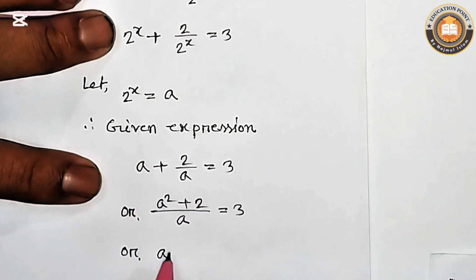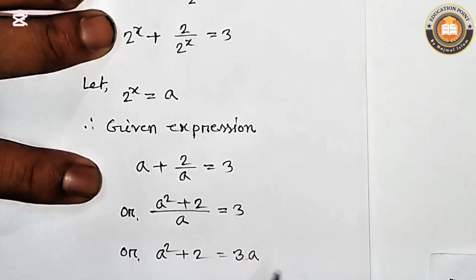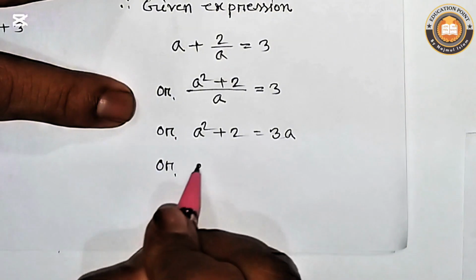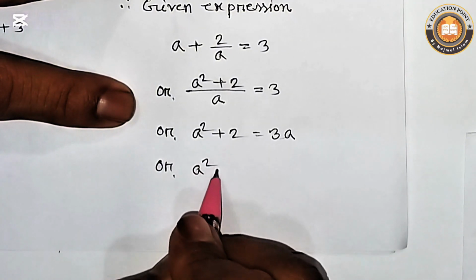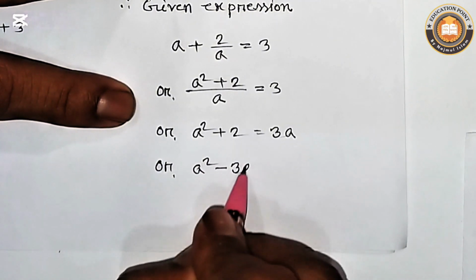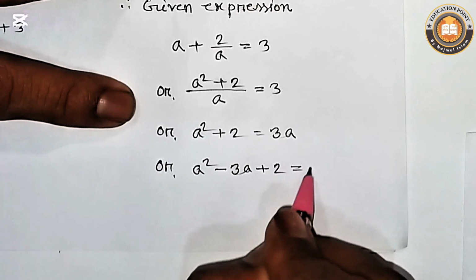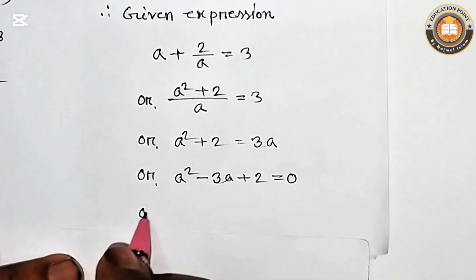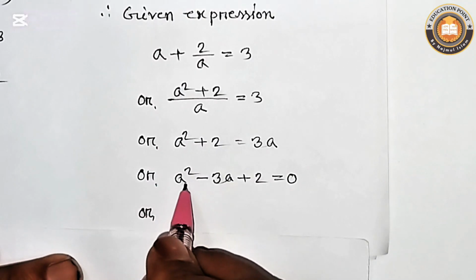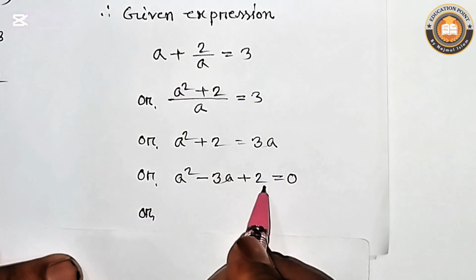So we can write a square plus 2 equal 3a, or a square minus 3a plus 2 equal 0, or here we will apply the middle term rules.